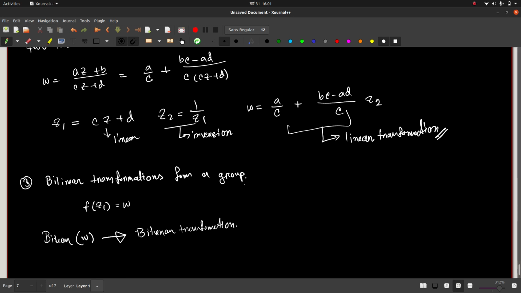And these group properties will ensure that the bilinear transformations will have an identity and an inverse as well.